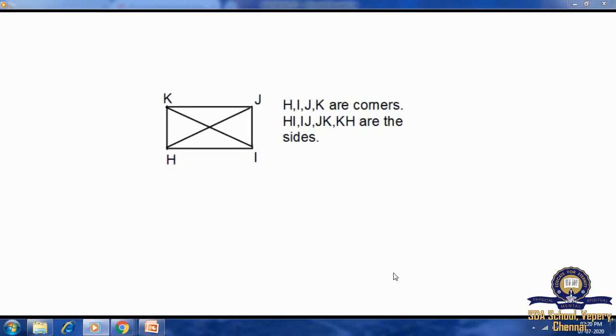Now we are going to find the diagonals of the rectangle. H and J are one diagonal and I and K are the another diagonal. So we are going to write it as HJ, IK are the diagonals.